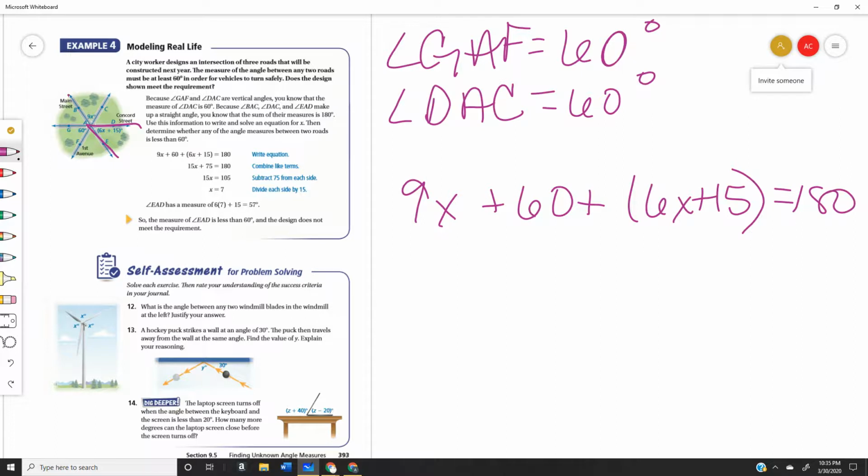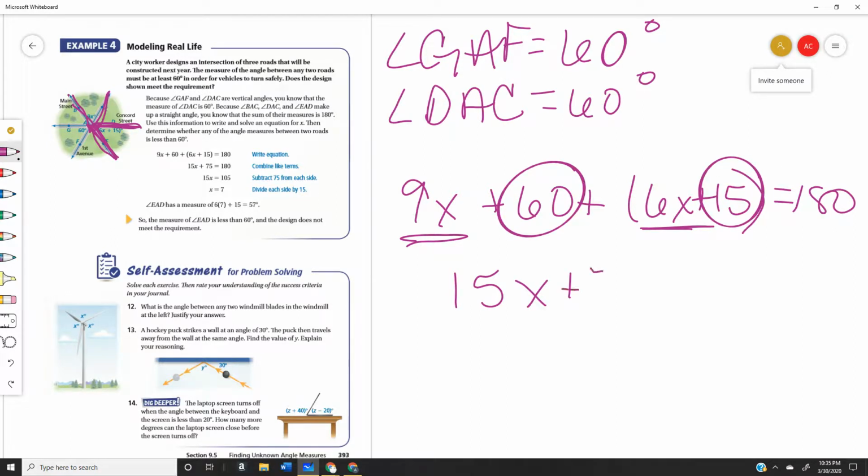We're going to use this. We're going to find x. And once we find x, we're going to be able to find the measure of this degree right here. Okay? Or this one right here even. Okay? So let's combine like terms. I have 9x and 6x. That gives me 15x. And I have 60 and 15. That gives me 75. They equal 180.